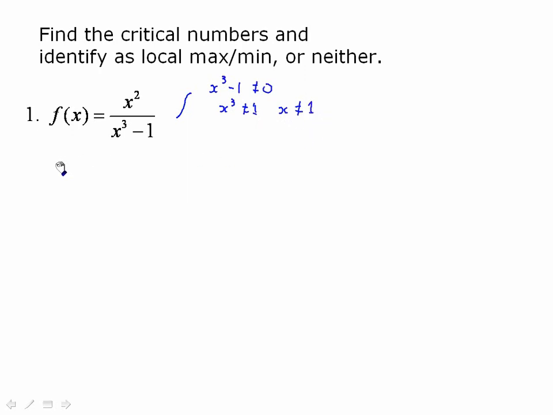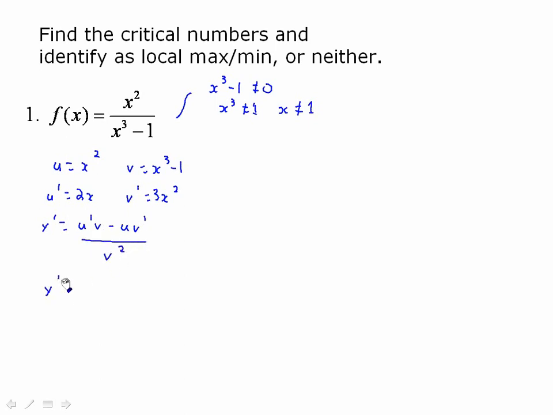And if we're going to differentiate this, we want to use the quotient rule, or I will at least. So u is equal to x squared. u prime is therefore equal to 2x. v is equal to x cubed minus 1. So v prime is equal to 3x squared. Therefore, y prime is equal to u prime v minus u v prime over v squared.